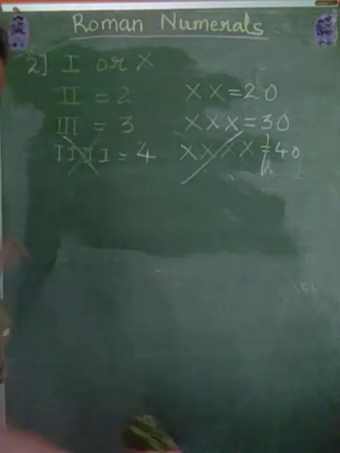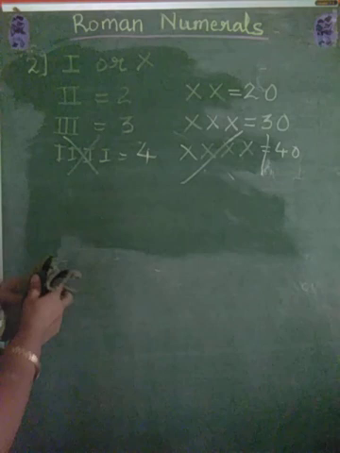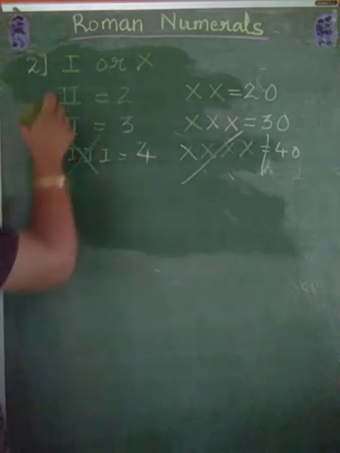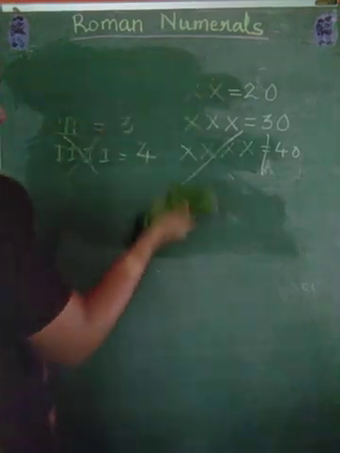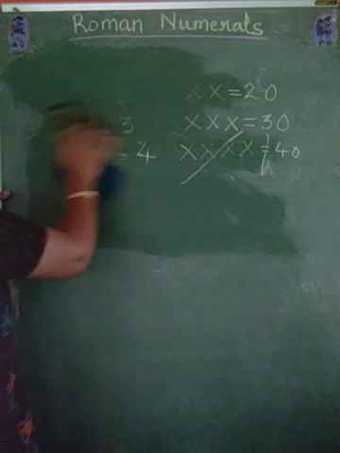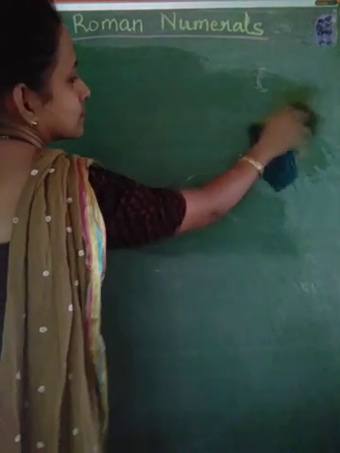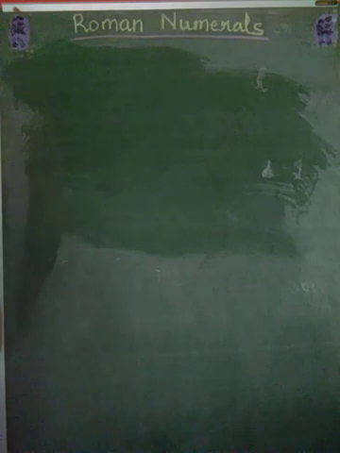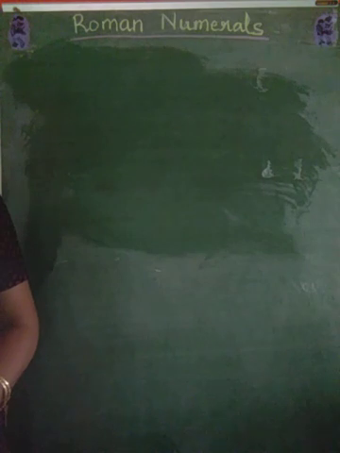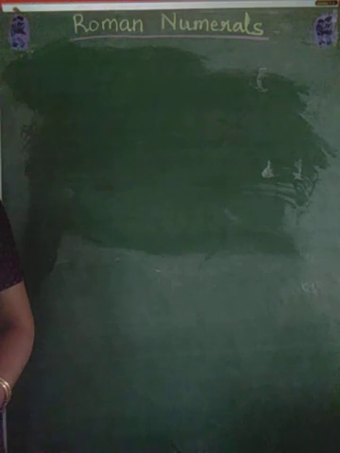Now let us go for the next rule. Rule number 3 says that when either I or V is written on the right of the symbol of a bigger number, its value is added to the value of the bigger number.